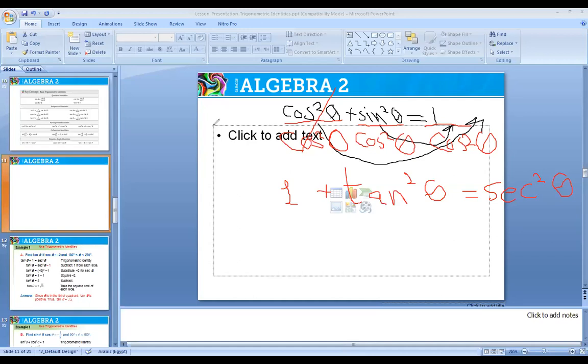In the same way, we can divide, but this time we will divide by sine.